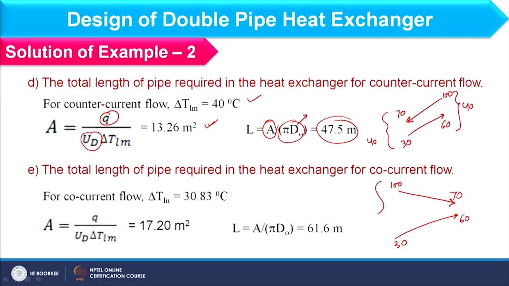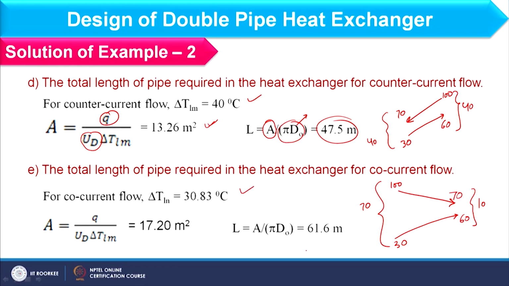So, here I am having temperature difference as 70 and here I am having temperature difference as 10. So, in this case you can simply apply LMTD for co-current flow, and considering LMTD you can find the mean temperature difference as 30.83 degrees Celsius.